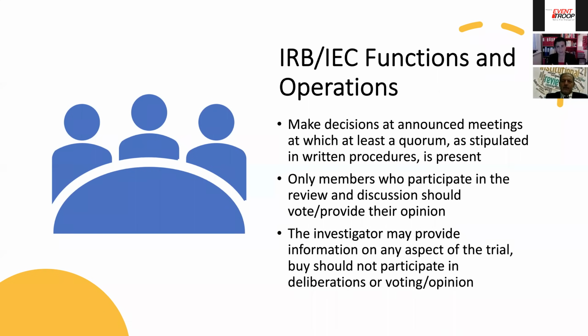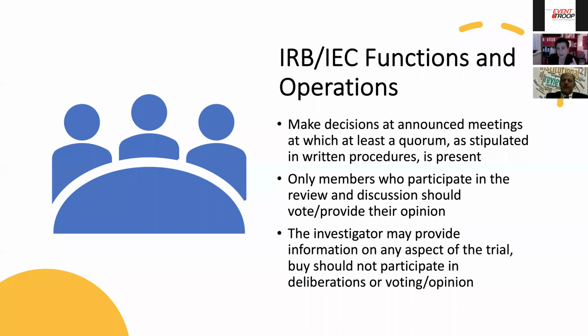So what good clinical practice states is you should have at least a quorum. A quorum is a number, but it doesn't tell you what number it should be. All we know is it has to be a minimum of 5. But GCP says your quorum should be defined in your written procedures.